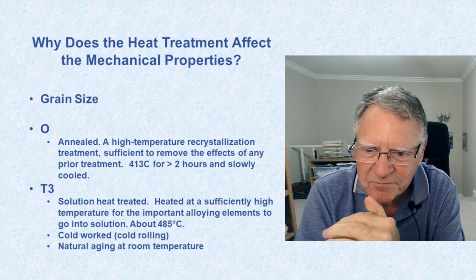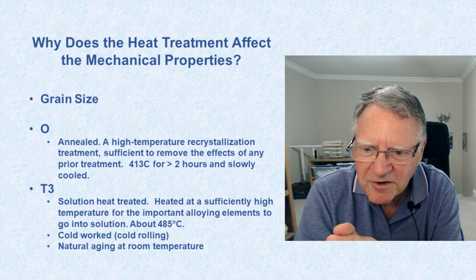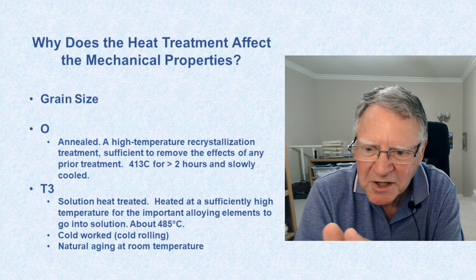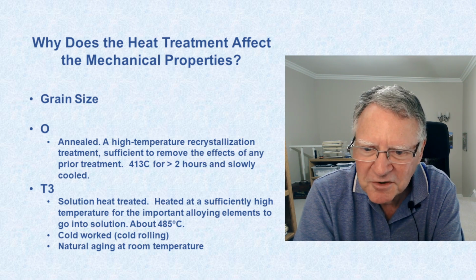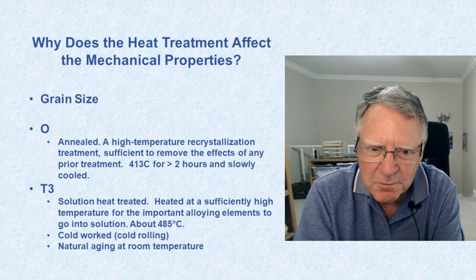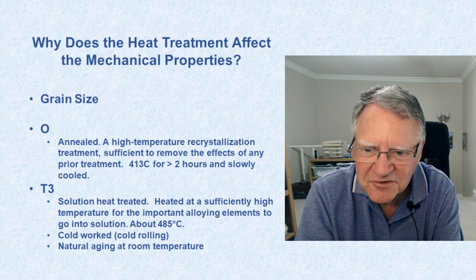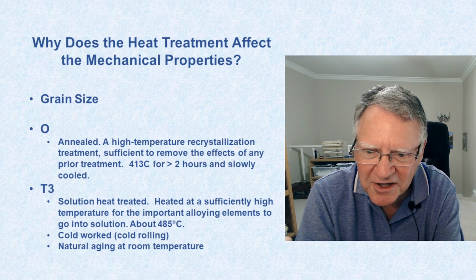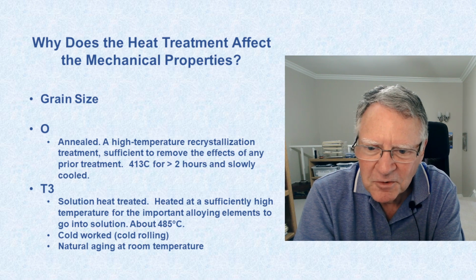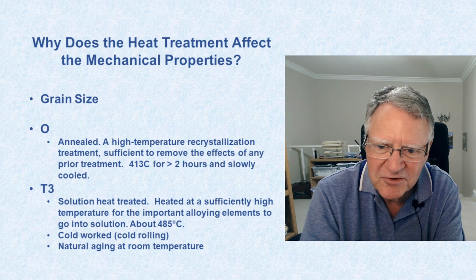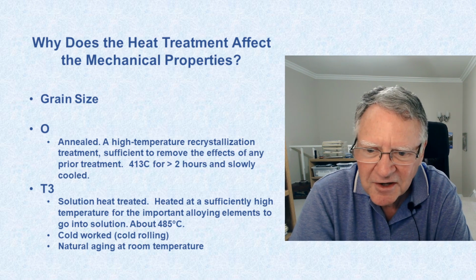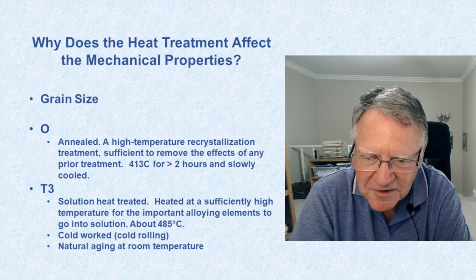And so it turns out that the hardness and the mechanical properties of the alloy are basically dependent on how many grain boundaries the slip and dislocation has to cross. So the smaller the grains are, the more grain boundaries it has to cross, and the harder the material is.